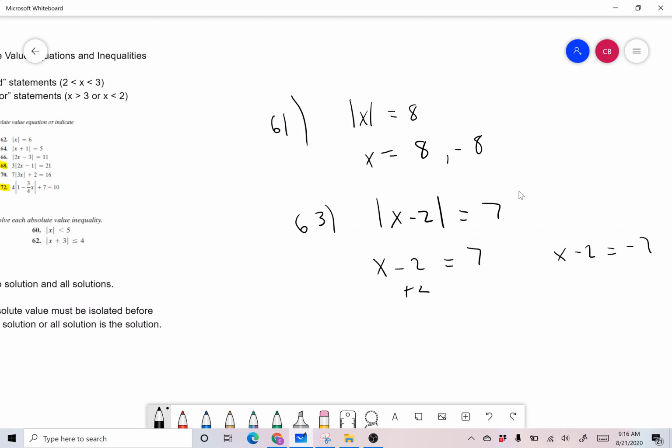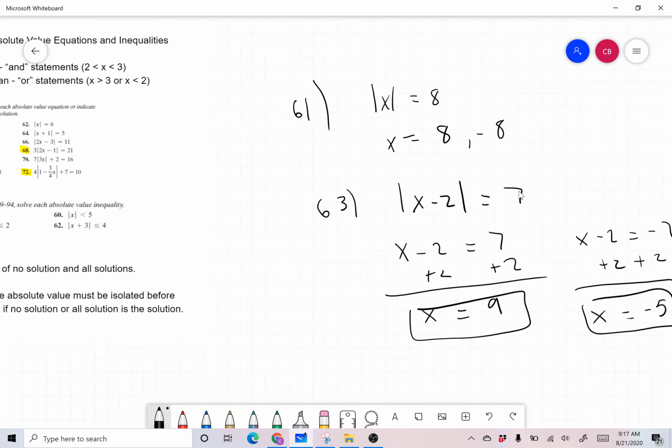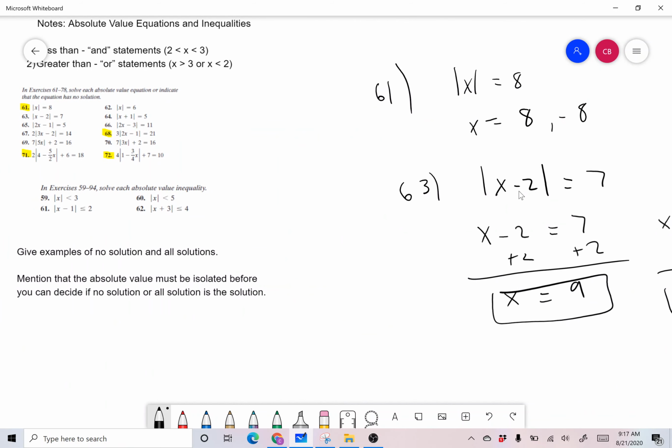So I can add 2 and I have x is equal to 9, and then I can add 2 and x is equal to negative 5. So there are our two solutions to this absolute value equation.